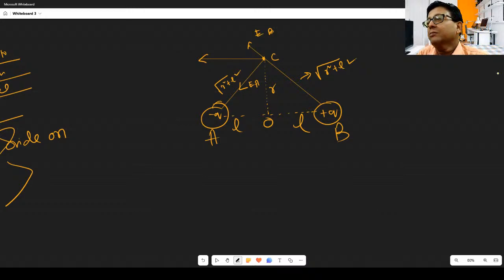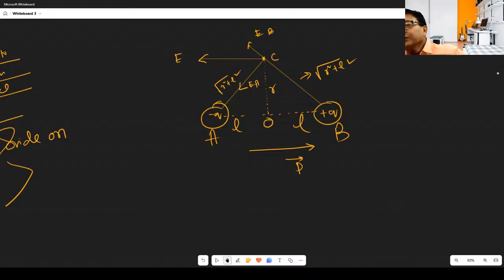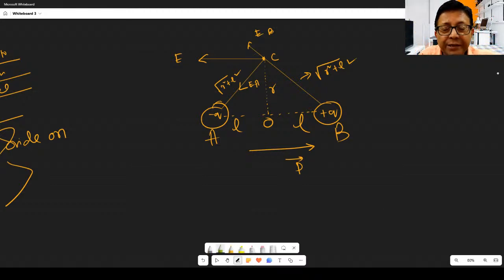So, E resultant. Now, why am I taking anti-parallel? This is the direction of P. I have taken resultant electric field anti-parallel with P. Why? Because if I take this angle theta, this one theta, then with a little bit of sense of geometry, this is also theta.